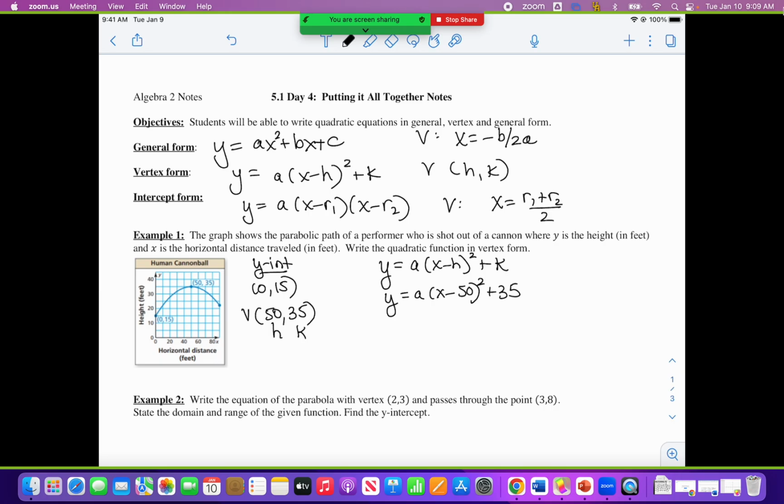Well, I don't have a, but I have something that's going to help me find a. Do you see that I have this extra point? The y-intercept, I can use (0, 15) to find the a value.